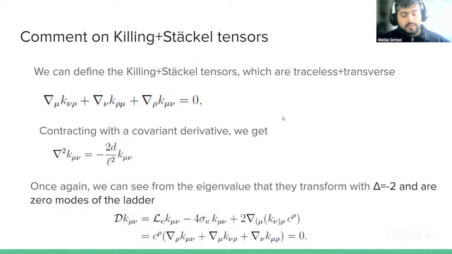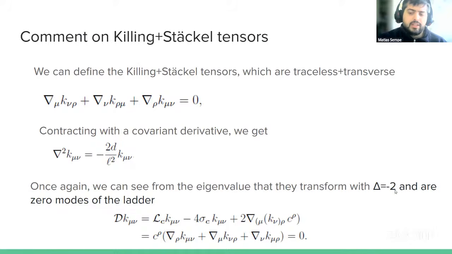And we said it before, we did a spoiler, that there is a Killing equation that generalizes, and it's called Killing tensors. The Killing tensors are this one. We can act on the left hand side with a covariant derivative, contract with a covariant derivative, and we will get this one.